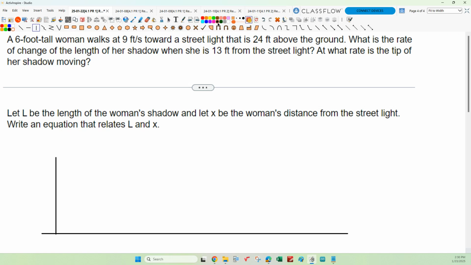I'll get you started. Okay, there's your street lamp, right? What else do I need in my picture? A 6-foot tall woman.